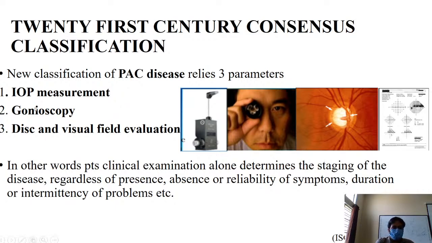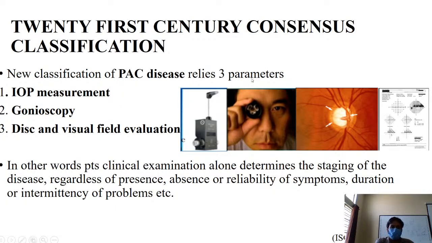The first is IOP measurement, that is, there should be an increase in the IOP. The second is gonioscopy. When you do gonioscopic examination, the angle should be occluded, or it is an occludable angle. Next, when you do disc evaluation, there must be some cupping or some features of glaucoma. And once you do a functional investigation such as perimetry, it shows a corresponding visual field defect.